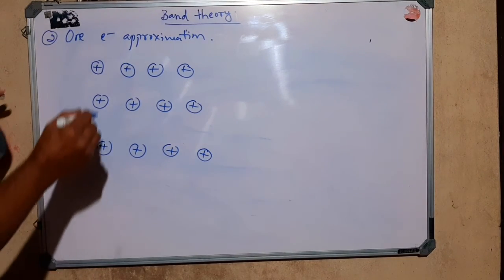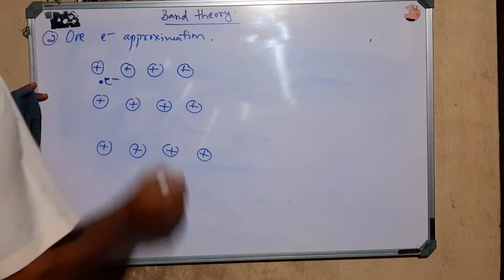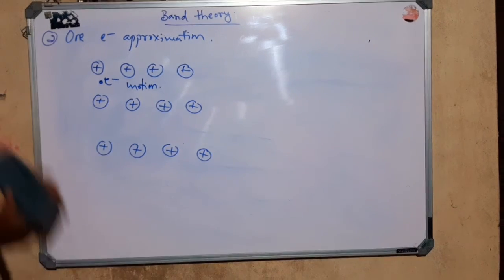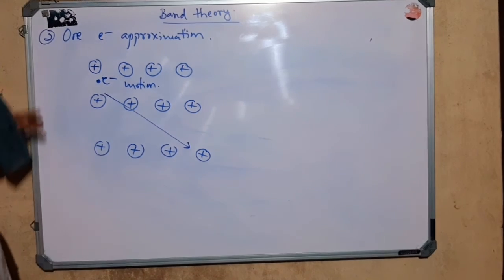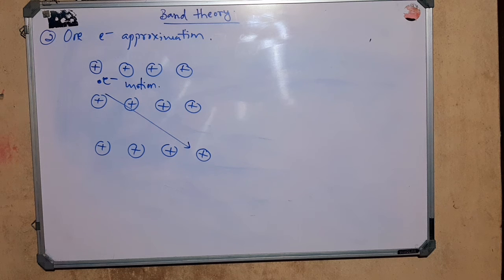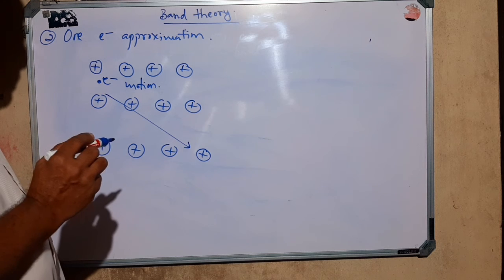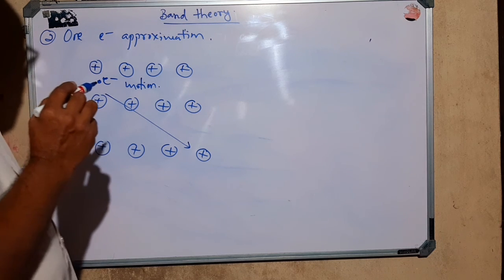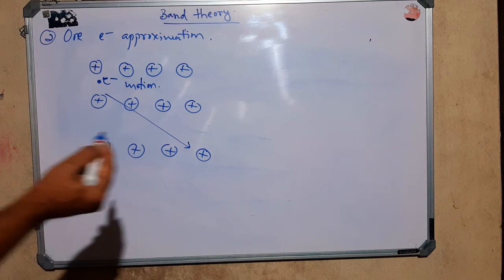Here, let us consider an electron. We are observing the electron motion. In this one electron approximation, we are considering the motion of one electron. This electron moves in the potential of the positive ions. During its motion, due to the potential of the positive ions, the energy of the electron gets altered.